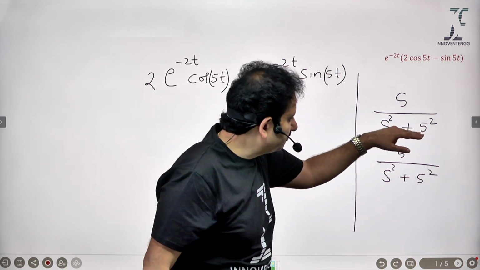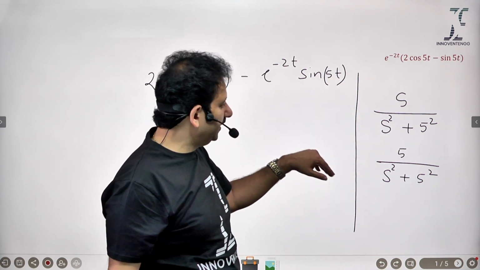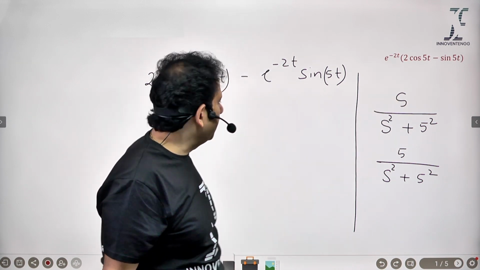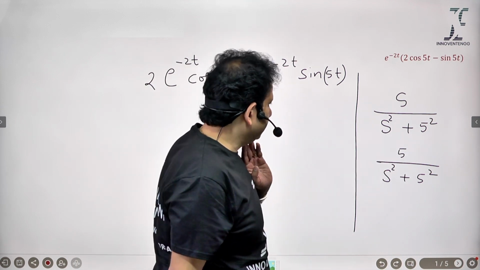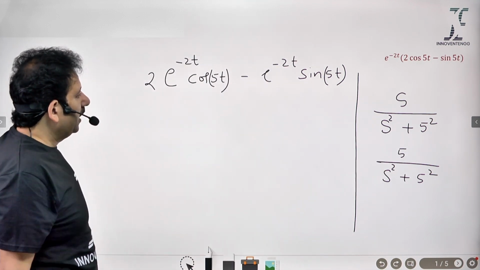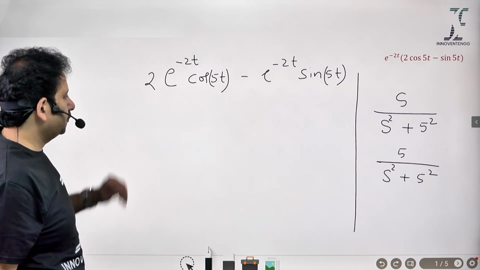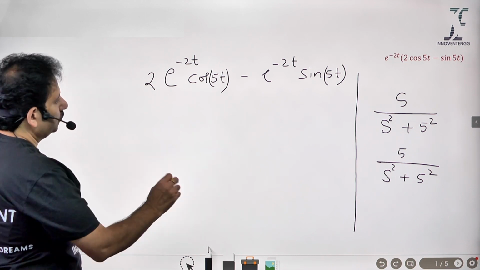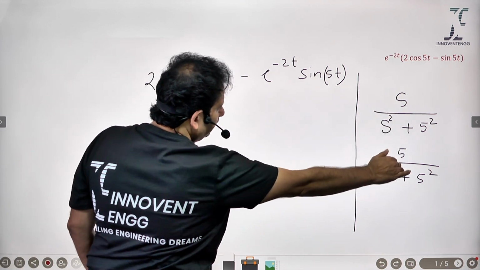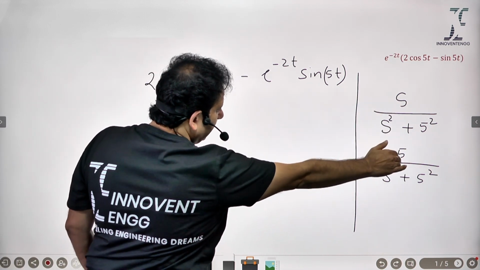S square plus 5 square is common to both sine and cosine. S appears in the numerator for cos, and 5 appears for sine. So how exactly are you going to solve this? You have to apply the shifting property, right? Now you know the Laplace transform of both cosine and sine.